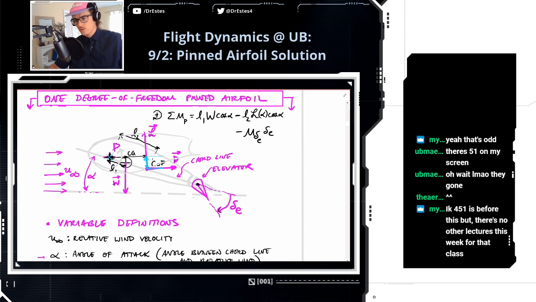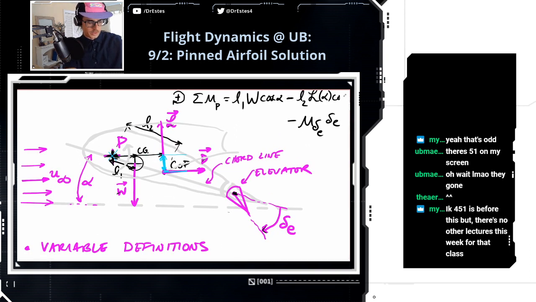Okay, so a little bit of a recap. We're doing flight dynamics, right? And the first problem we're looking at is this 1 degree of freedom pinned airfoil, and the pin we are talking about is this one up at the front leading edge.